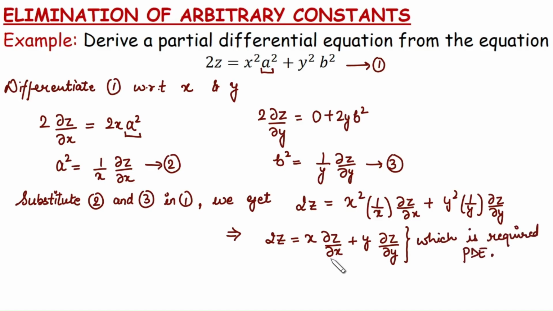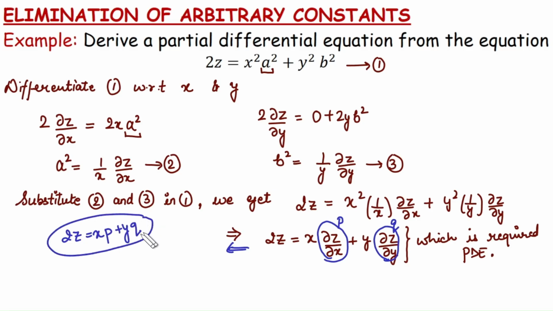Moreover, in the last video we learned that when we take the derivative with respect to x, the notation for that is p, and if we take the derivative with respect to y, the notation is q. So another representation for this is 2z is equal to x times p plus y times q. So either write the answer in this format or that, the meaning is the same.